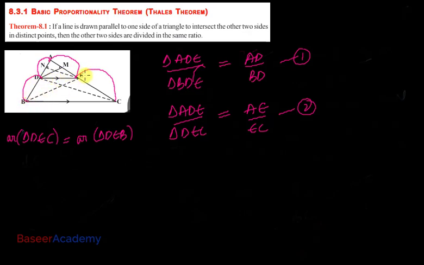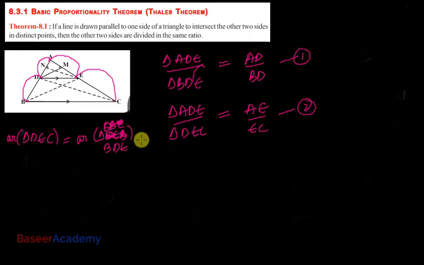So the areas of DEC and DEB should be equal. DEB, I can write it as DBE also, or BDE also.